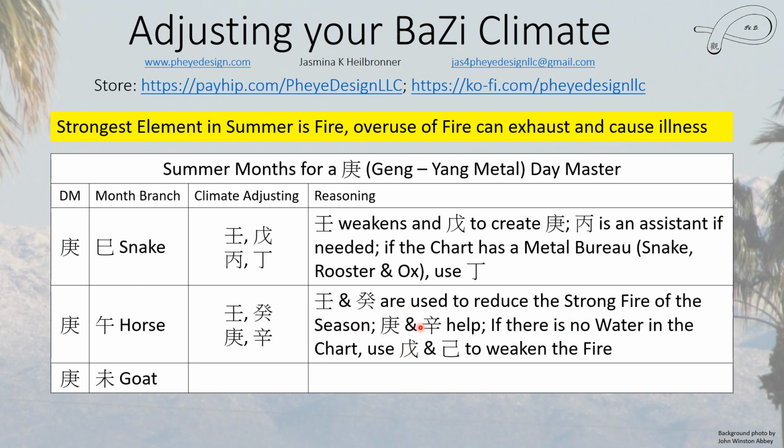And you also need more metal. You need what metal represents, which is basically focus. If there's no water in your chart, and that would be kind of sad, you have to use earth to produce more metal, and that also weakens the fire. So you're trying to find a way to weaken the fire here because fire is so strong.